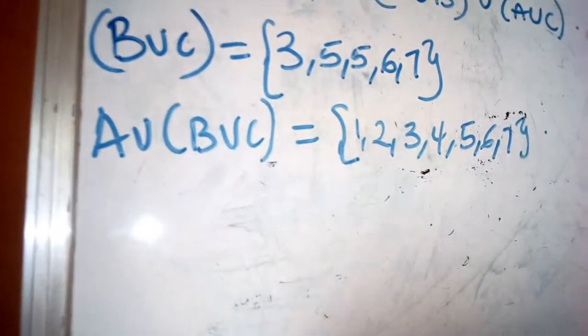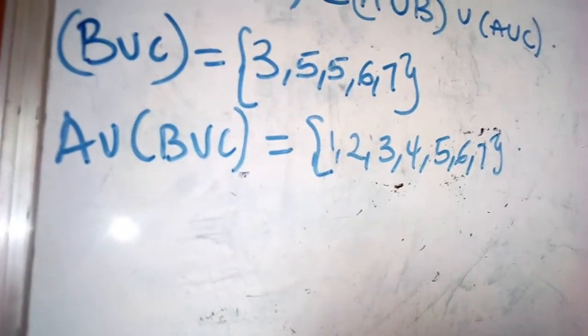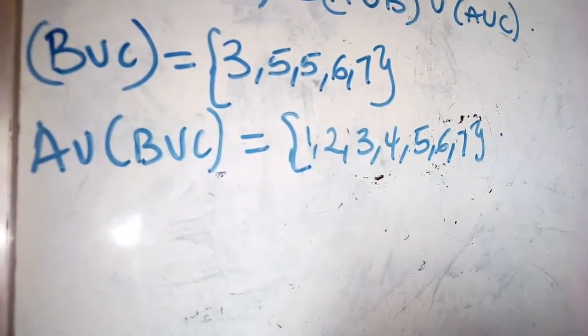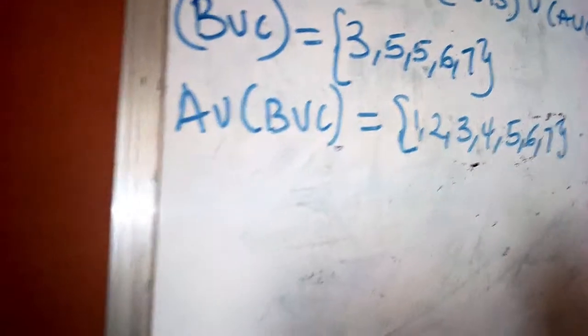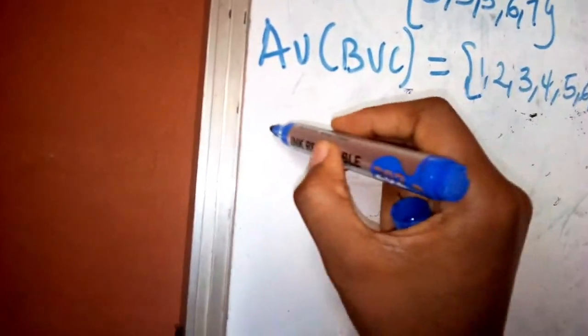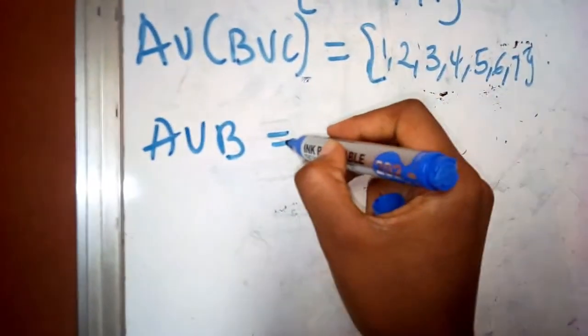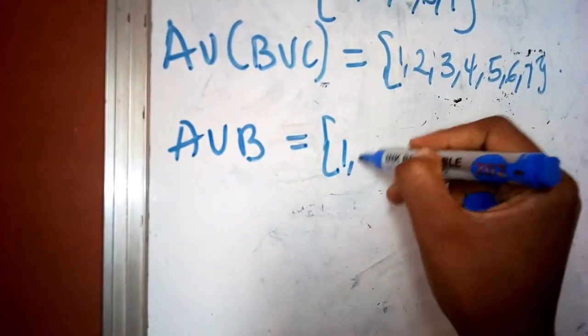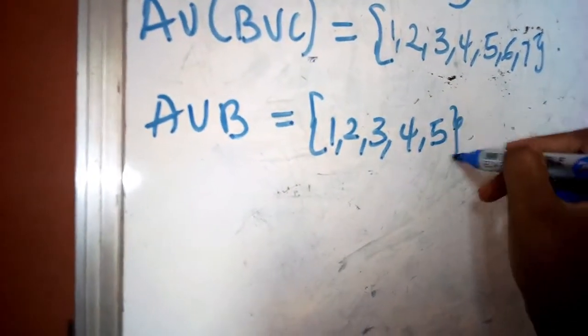The next thing we have to focus on: we have done A union B, and we've not done A union C. So we'll focus more on A union C. We have done A union B, so we just copy it. A union B equals 1, 2, 3, 4, 5, 6.